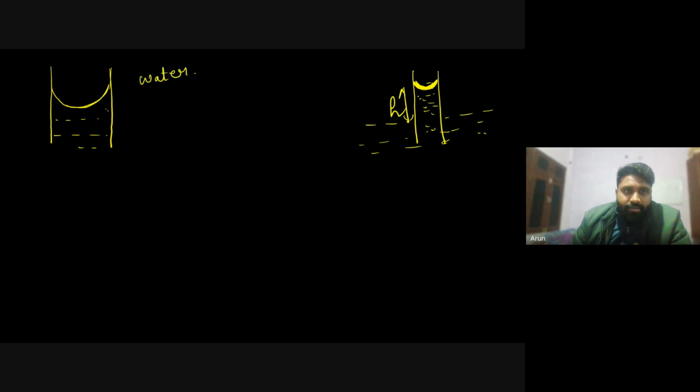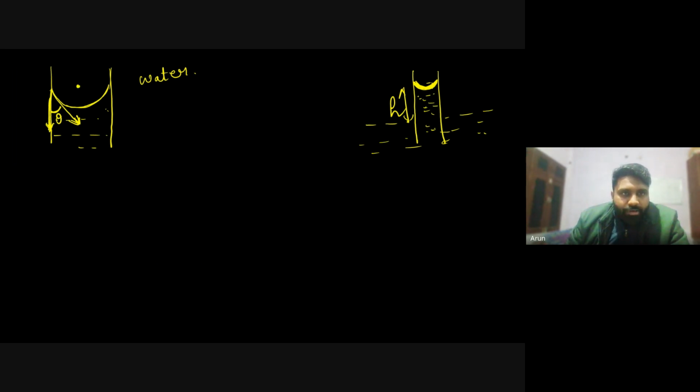Okay. So now here at the contact surface, the surface tension will apply in this direction with the contact, and this is another contact. Let's say the angle here is theta. So here also this will apply in this direction. So the net resultant surface tension will act in downward direction. Okay.